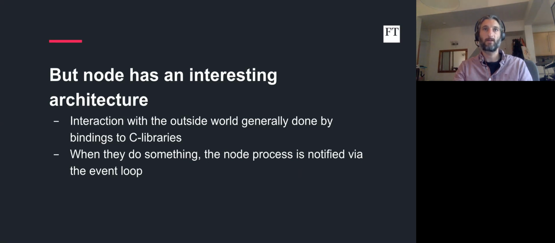But Node has quite an interesting architecture, and that's built on top of a load of C libraries. Whenever these C libraries do something, they fire an event in the event loop, which will then in turn take control of calling the appropriate callbacks in Node.